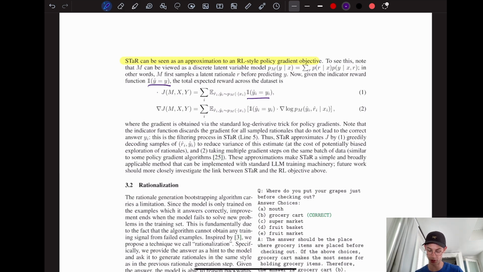So that's what this function J is here. J is sort of the policy of the agent, and J is the reward, the total reward expected under that policy.